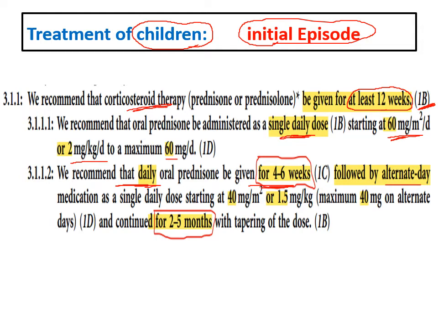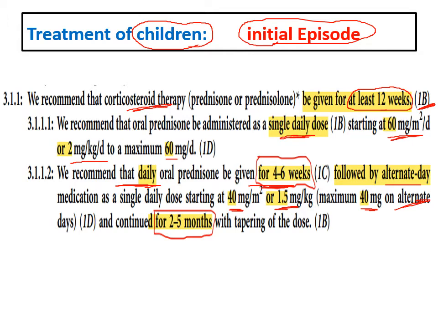day dose, meaning every other day, at a single dose of 40 mg per square meter or 1.5 mg per kg. We step down the dose: before we said 60 mg and 2 mg per kg per day, here it is 40 mg or 1.5 mg per kg with a maximum dose of 40 mg on alternate days.